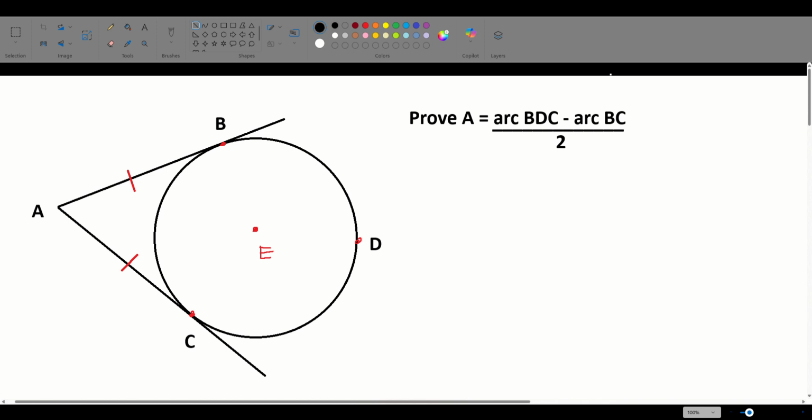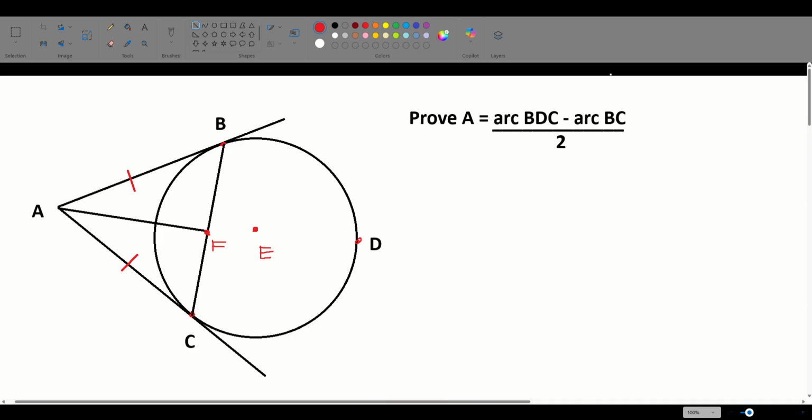Let us continue. Now let us draw the segment BC. Now let us draw a segment from A to segment BC. Let's label this point of intersection as F, where segment AF is the height of this isosceles triangle. Why is this an isosceles triangle?